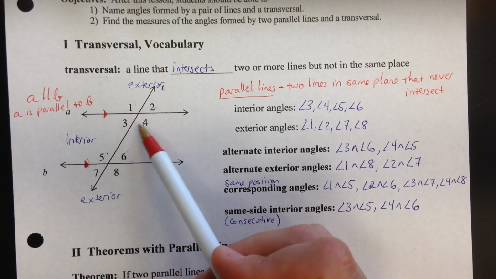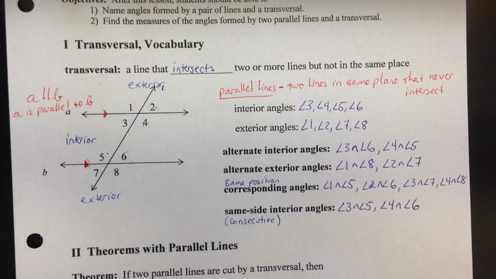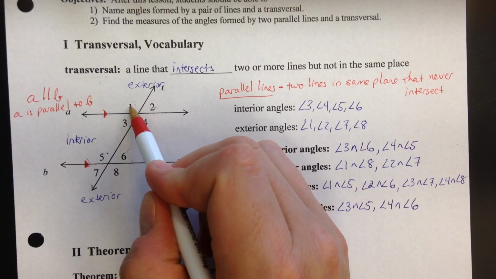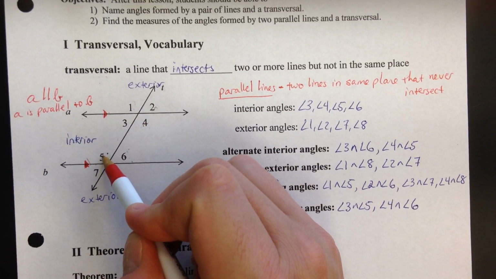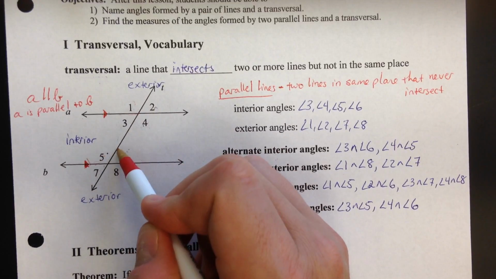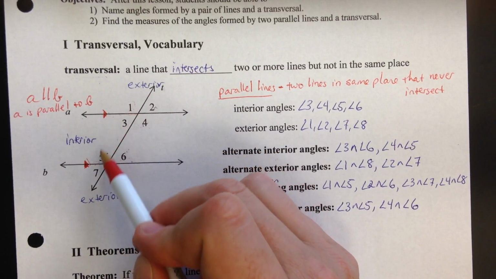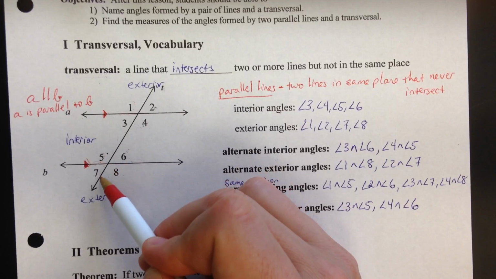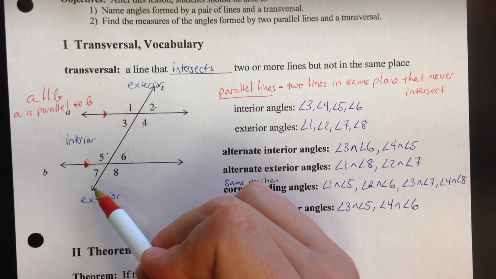It's going to create the angles the same way, which means we're going to have angles that are congruent. Angle 1 and angle 5 are going to be congruent. You can almost eyeball this and say, that's acute, that's acute. And it makes sense that with parallel lines, the transversal will create the angles in the same way.